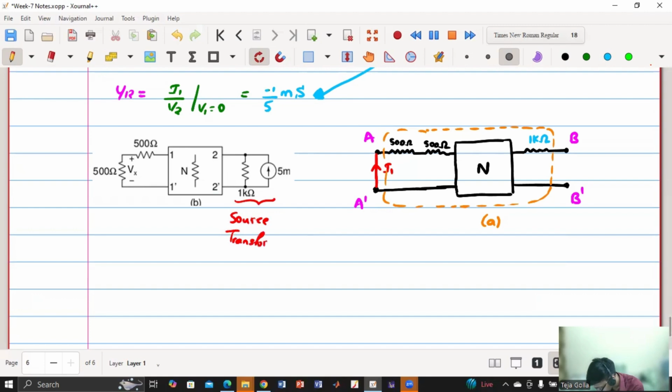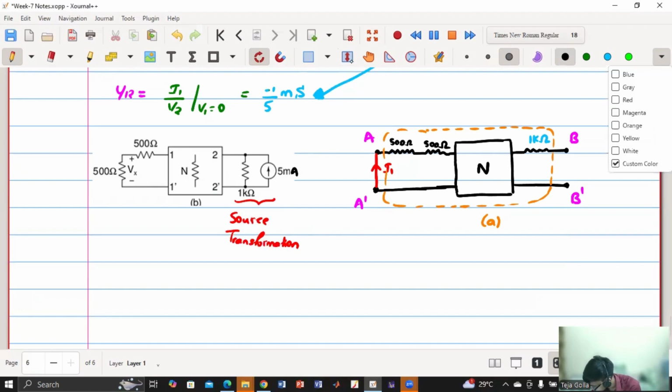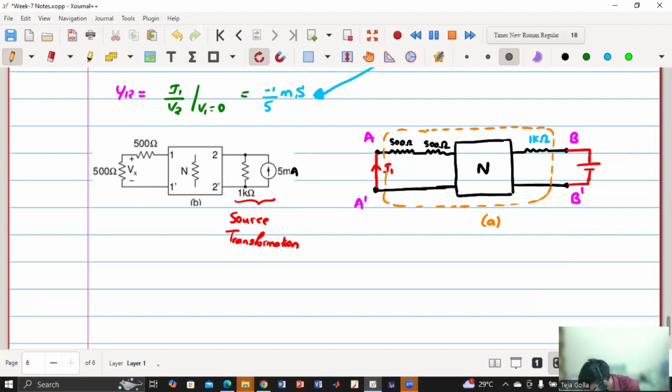Now we'll do source transformation for this. If I do source transformation, what will be the voltage? The voltage will be 5 milli ampere into 1 kilo ohm, which is 5 volt. So basically we are exciting it with a voltage of 5 volt. Agree? Both are the same circuit, right? Yes, sir.